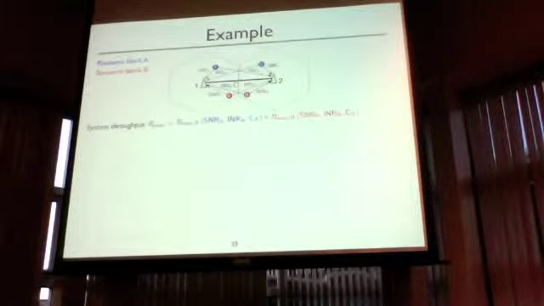So my question here is, how do I distribute this backhaul capacity in an optimal way so that the total throughput is maximized?